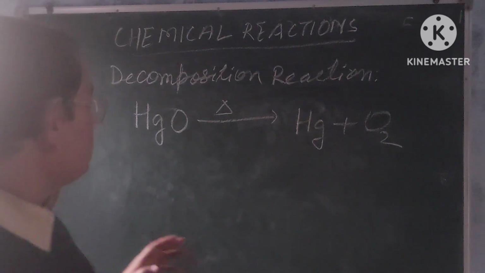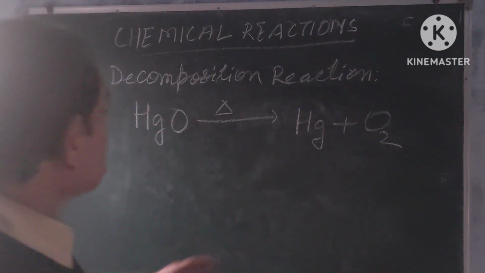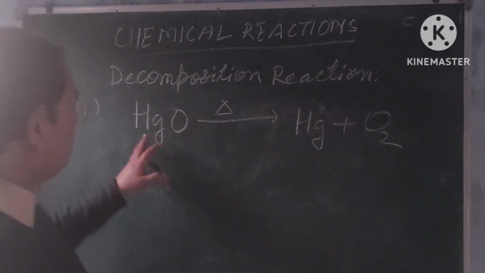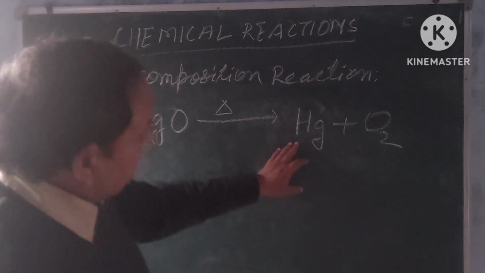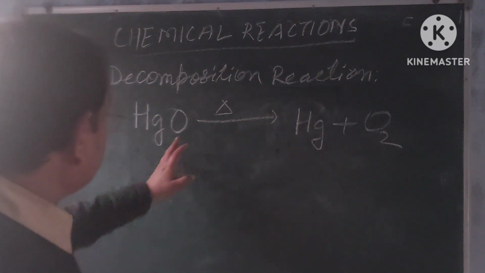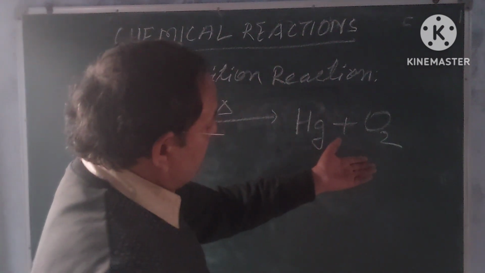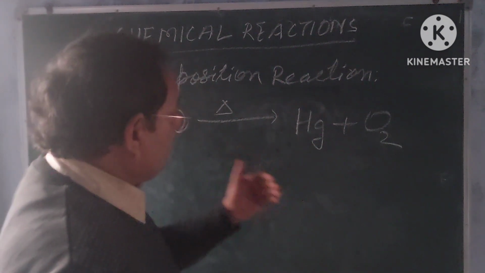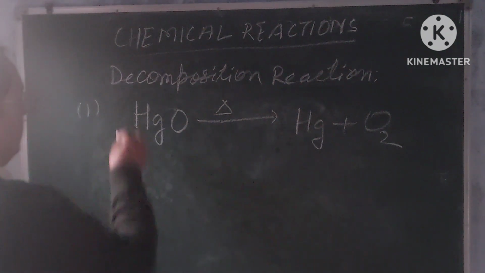To know this, you check the atoms of each element on both sides. Atoms of mercury at the reactant side are 1 and at the product side 1. And atoms of oxygen at the reactant side are 1 and at the product side 2. So we have to equalize the oxygen atoms. So we will multiply this by 2.